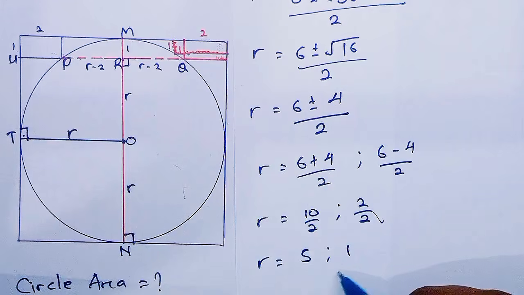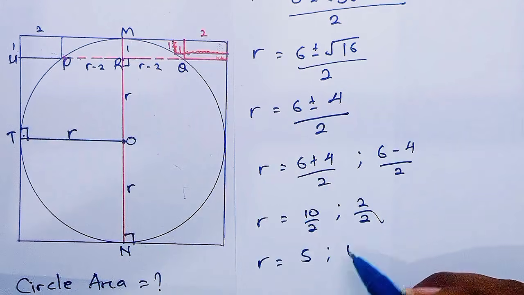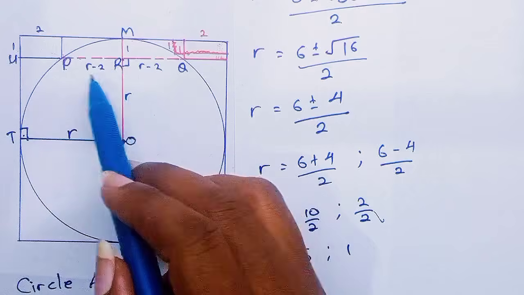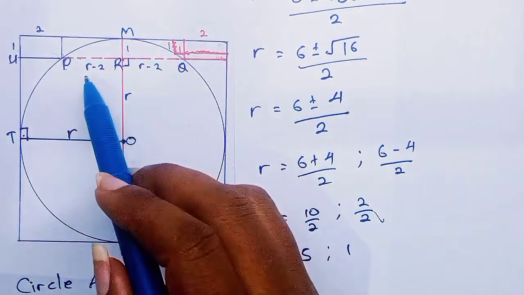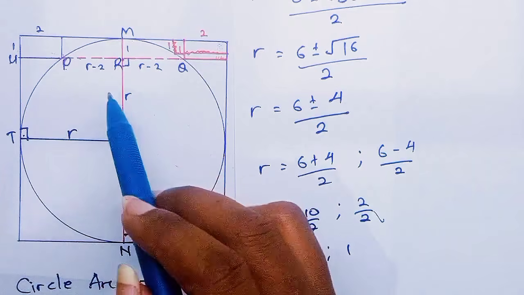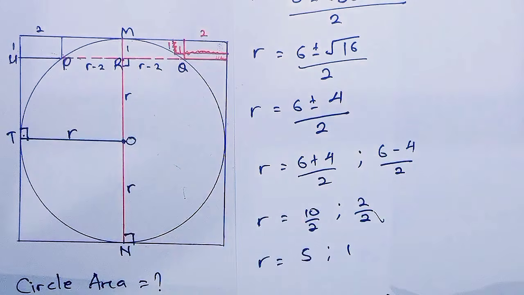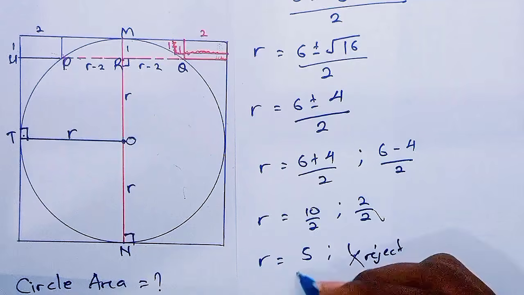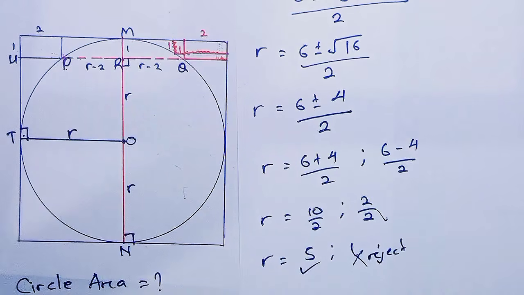But when you look at these two, when you consider R to be 1, PR is R minus 2. So if R is 1, it will be 1 minus 2, which will give us negative 1. And that is impossible. We cannot have a negative distance. Therefore, we reject this and consider R equal to 5.